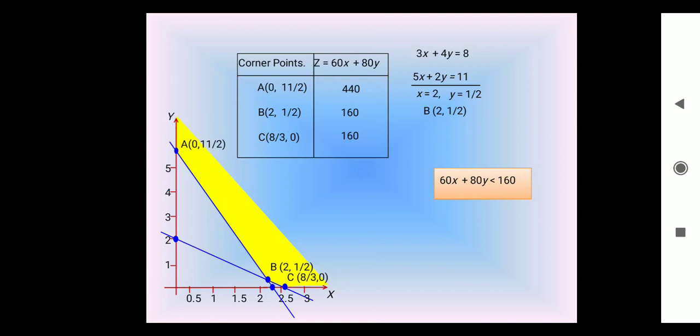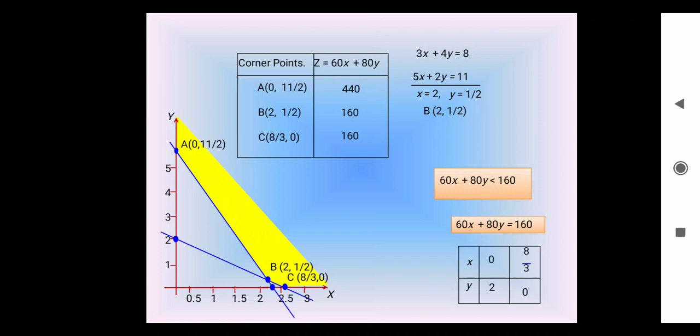Now considering the equality, that is 60x + 80y = 160. Similarly, we have to find the points (x, y). When x = 0, we obtain y = 2, and when y = 0, we get x = 8/3. Let us plot the line.